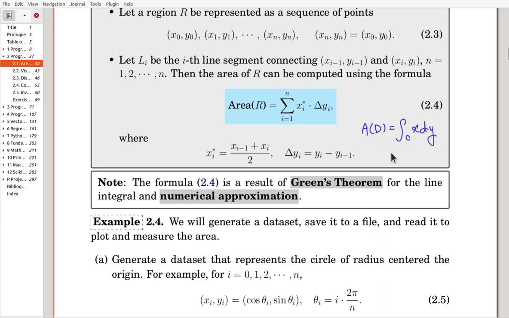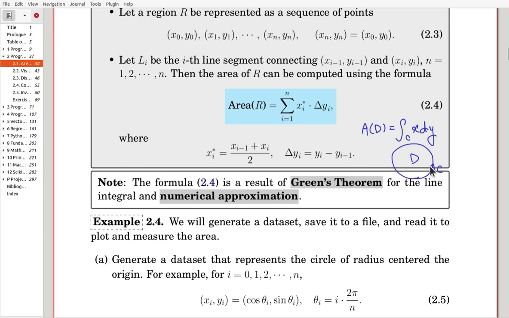If you have already learned vector calculus, then you may remember this one. Here, C is the curve and D is the region inside of the curve. So it is an application of Green's theorem.